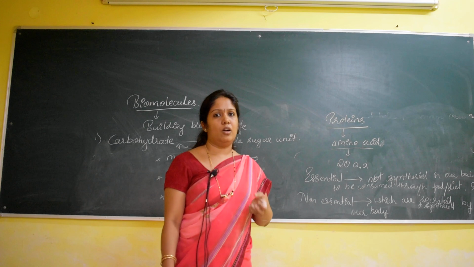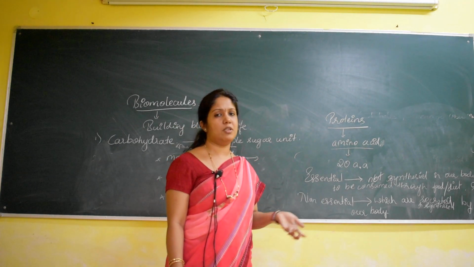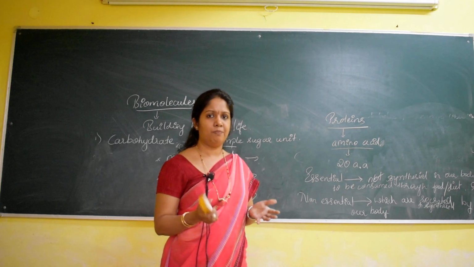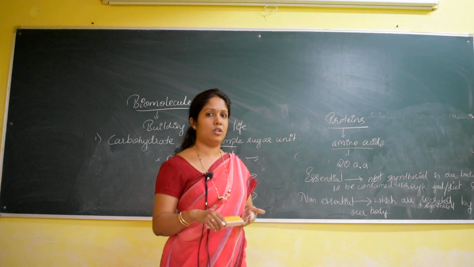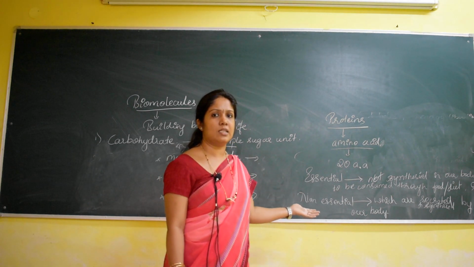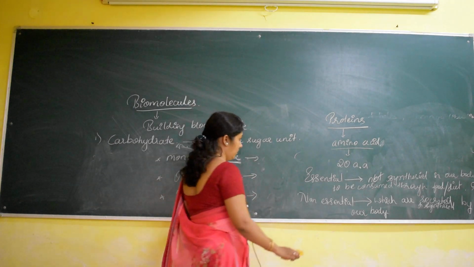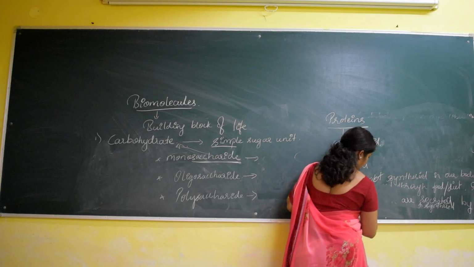Even if the food contains non-essential amino acids, it is okay, no problem. It is not that you should not consume them. They can be consumed, and even if they are not available through food, our body is ready to synthesize these amino acids. Understood?